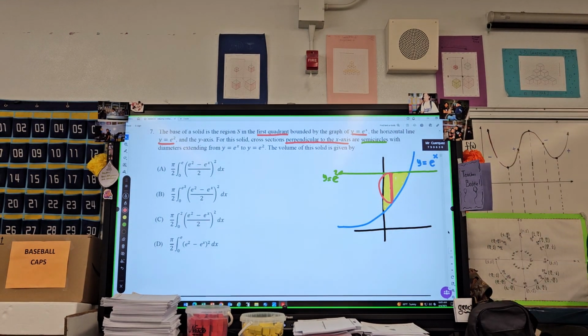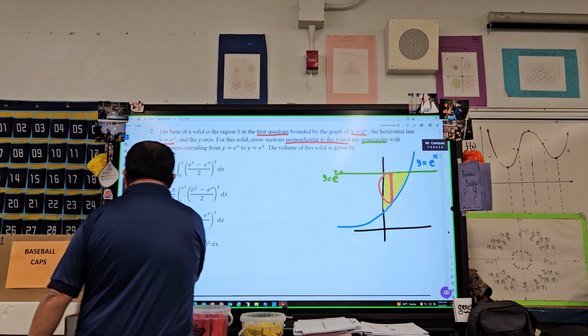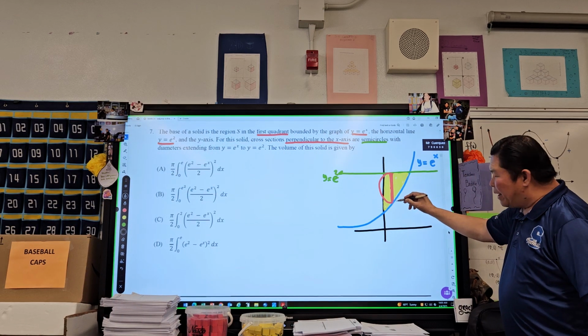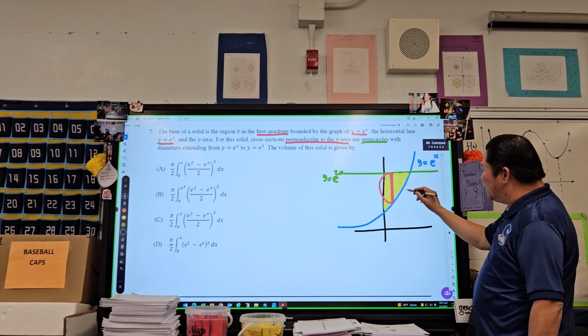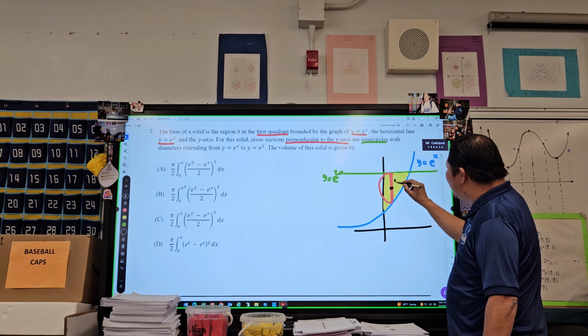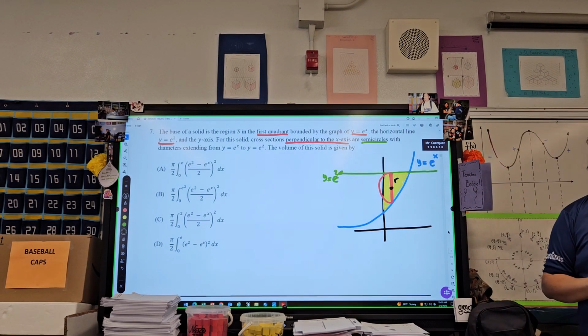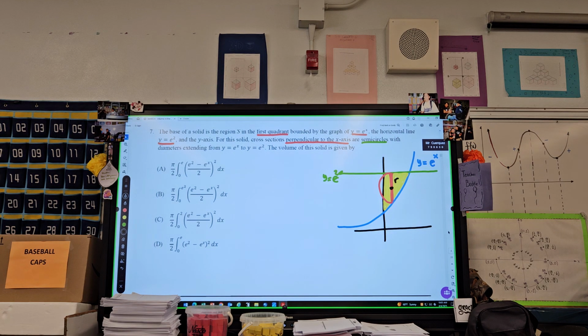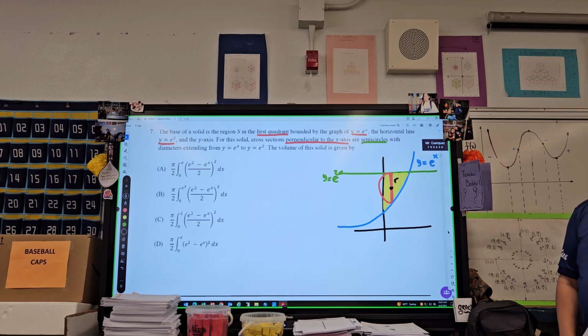Now, what's next? I'd like you to look at this one. If this is the diameter of a semicircle, therefore, from here to here, this is our radius. Okay? And what's the area, or what's the formula for the area of a semicircle?